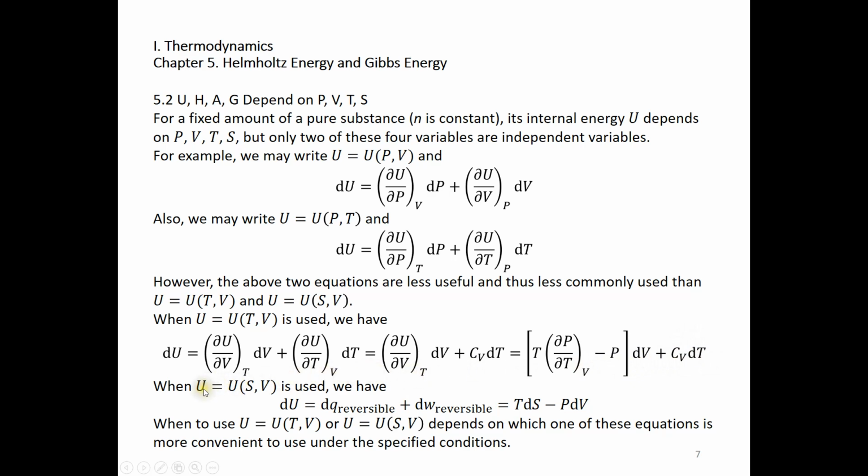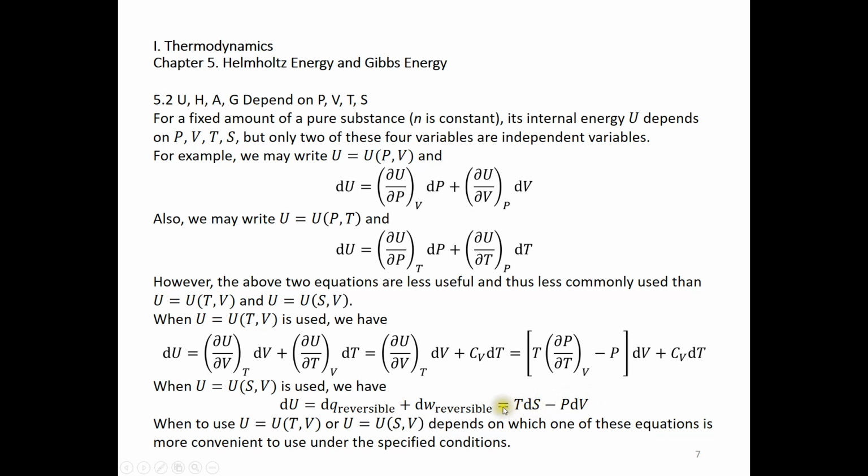Actually, we can express U as a function of entropy and volume as well. This is because dU is dQ plus dW. For a reversible process, dU is dQ reversible plus dW reversible. And remember, the definition of entropy in thermodynamics is indirect.